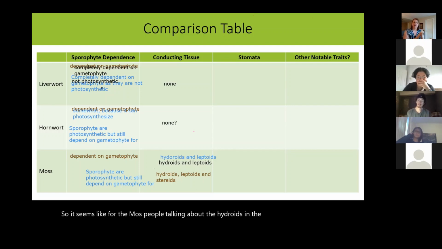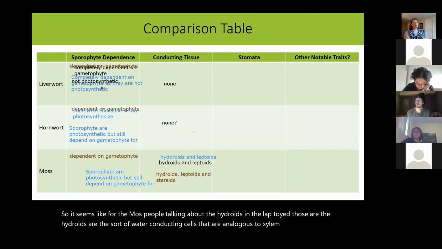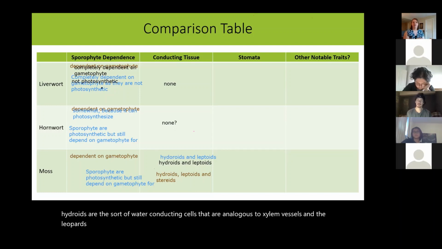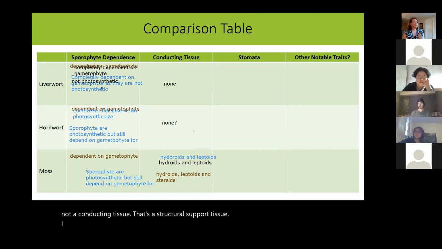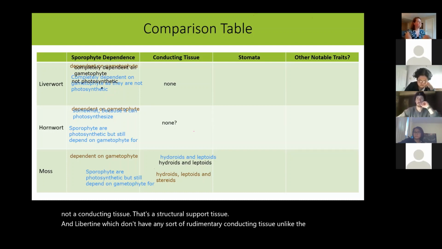The hydroids are the water conducting cells that are analogous to xylem vessels. And the leptoids are the food conducting cells that are analogous to the sieve elements in vascular plants. Someone mentioned stereids, which are a specialized cell type, but they're not a conducting tissue. That's a structural support tissue. And liverworts and hornworts don't have any rudimentary conducting tissue, unlike the mosses. So that's correct as well.